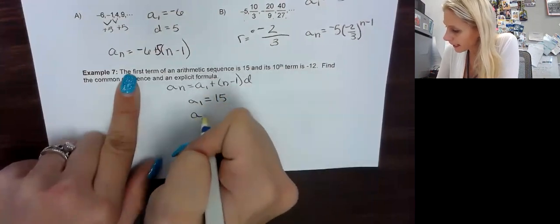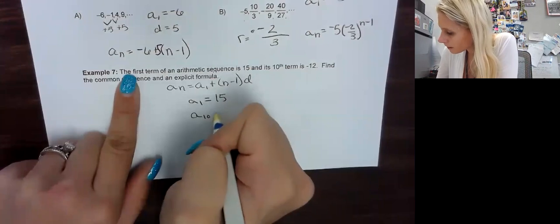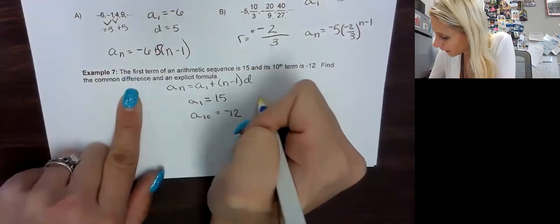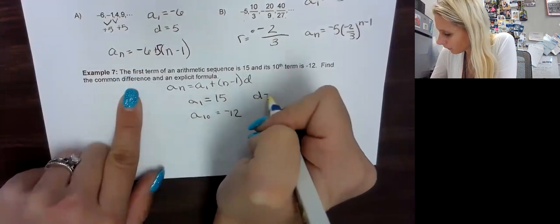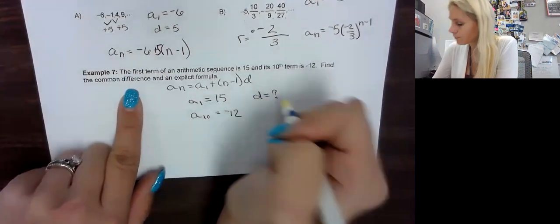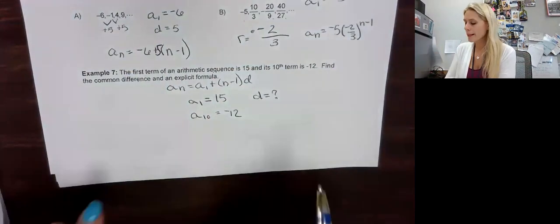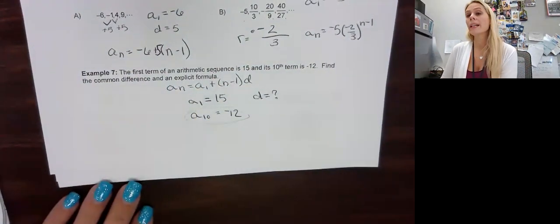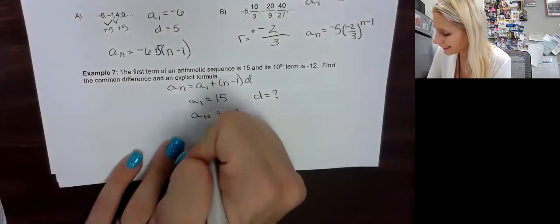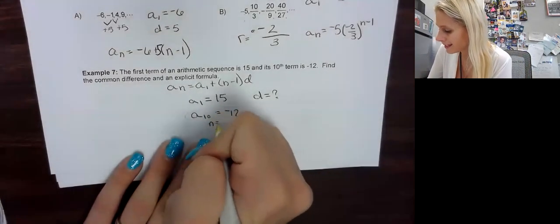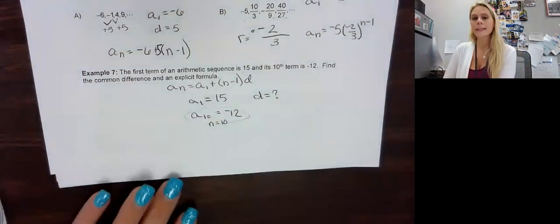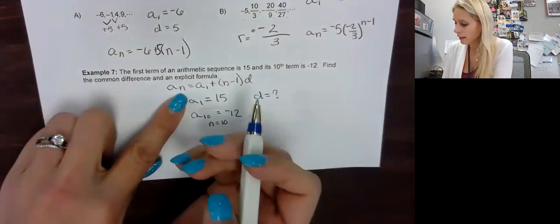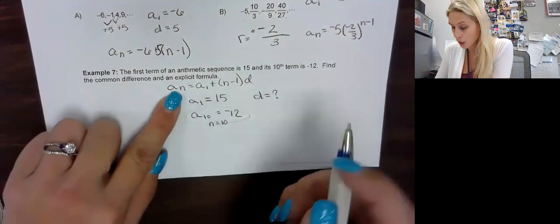A subset 10 is -12. What we need to find is the common difference. All right, what I want to point out here, a subset 10 equaling the value of -12 means that n is 10. That is the biggest thing you watch out for.